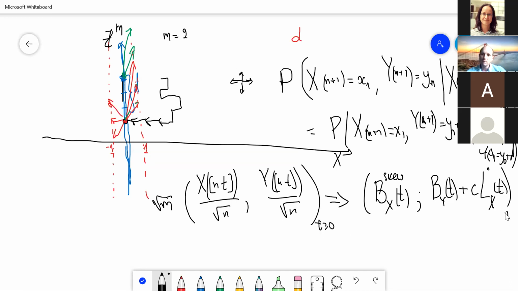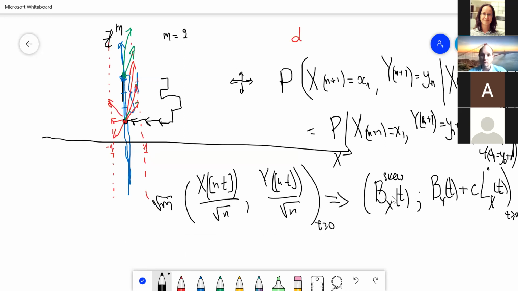Oh, now I understand. Maybe this is a skew Brownian motion just because the distribution of jumps from the vertical axis is not symmetric. Yes. If it is symmetric, then we have the usual Brownian motion.